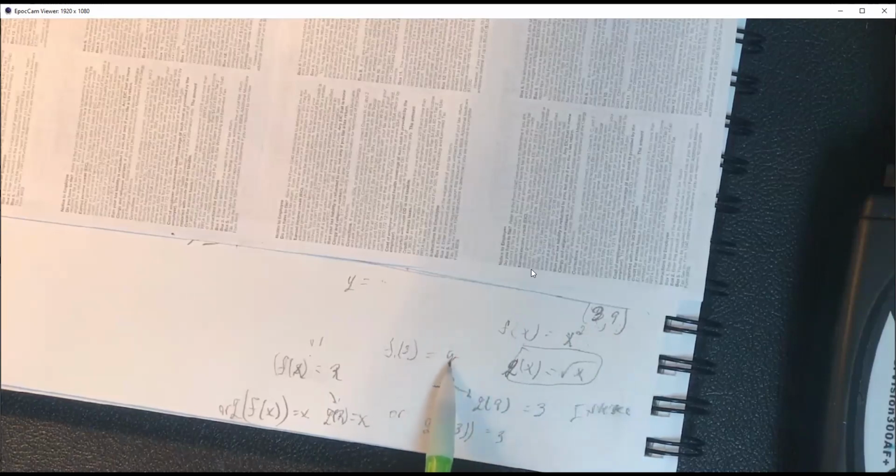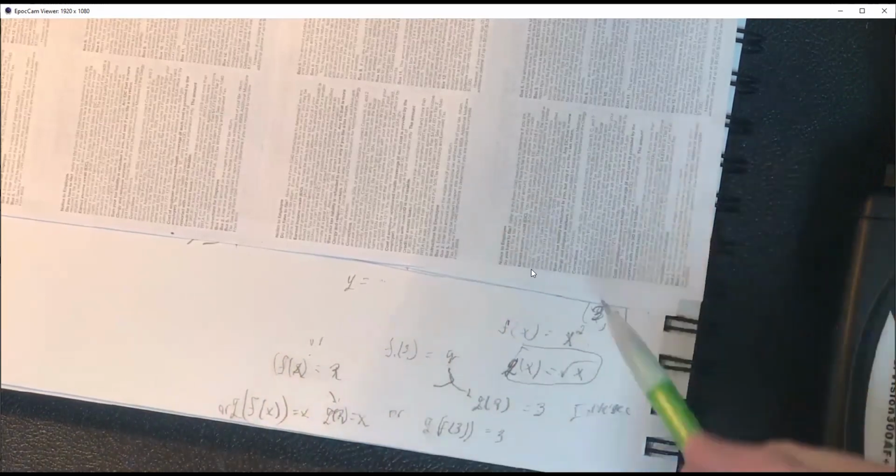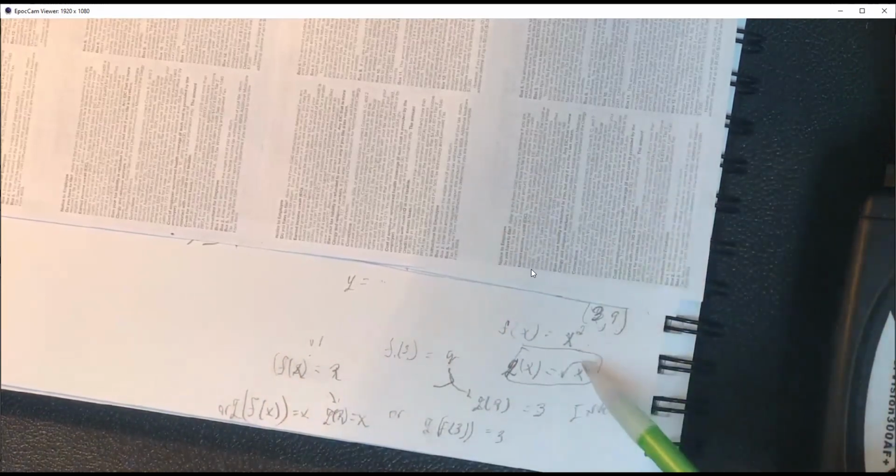Now take this mapping of the first function, 9, and put it into the second function, g, and plug it in. The square root of 9 does get back to 3. Well, then that's telling us these two equations are going to be inverses of each other.